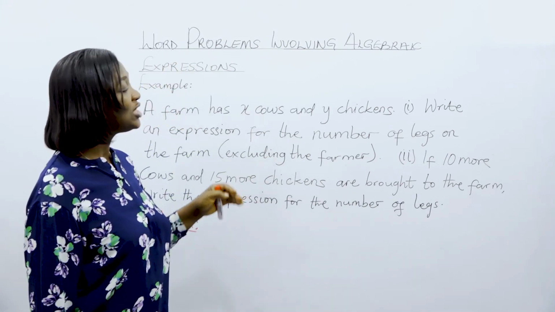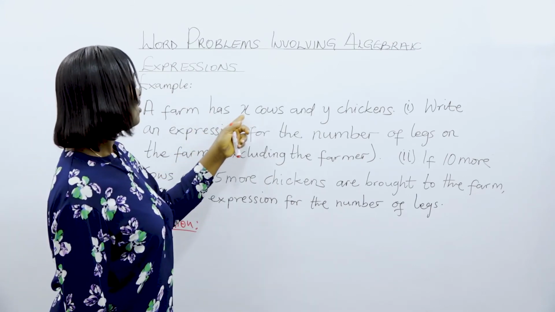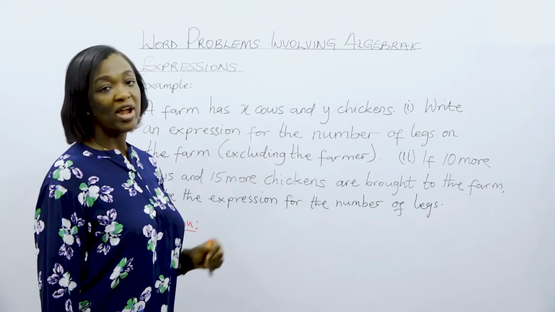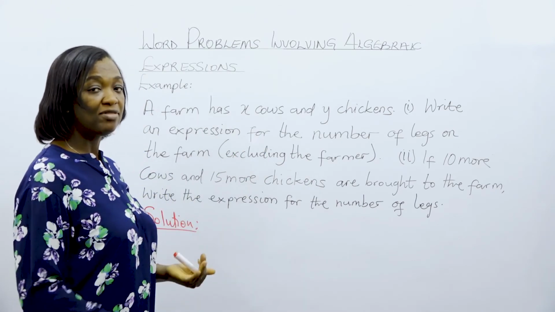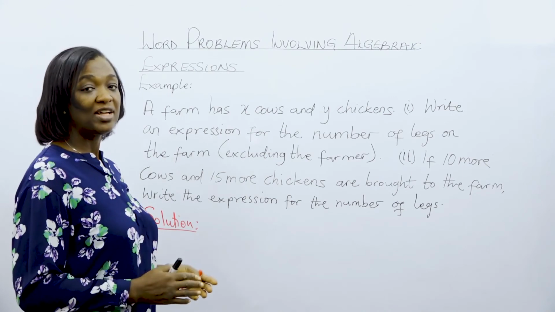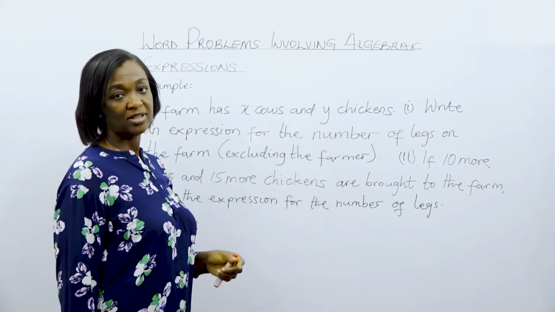So we have a two-step problem here. First, we have X cows and Y chickens. How many legs does a cow have? A cow has 4 legs and a chicken has 2 legs.